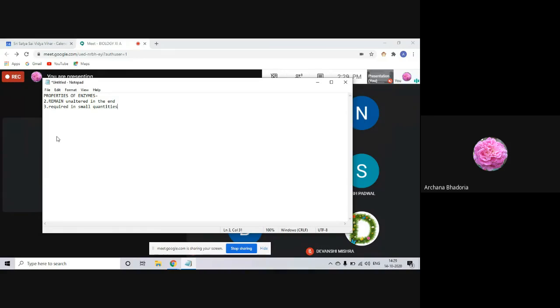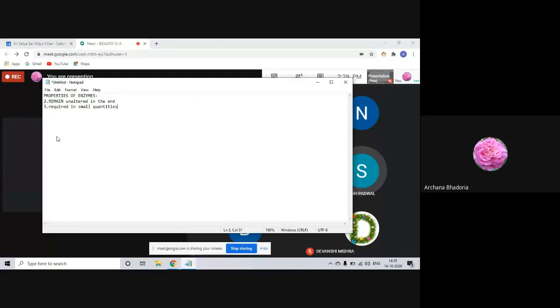And what is this turnover number? So it's very important. I can ask you for 1 mark that what do you mean by turnover number of enzymes. Shravani will tell me. What is the turnover number? Ma'am, 5 lakh substrate molecules per minute.